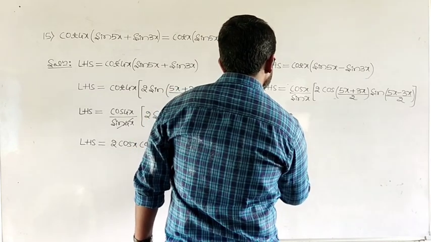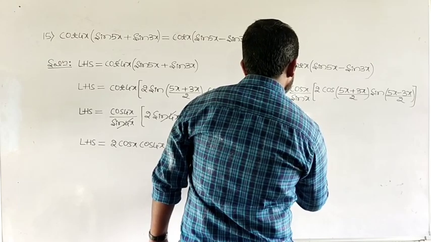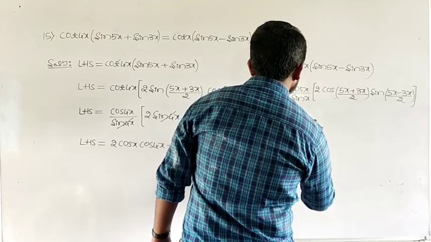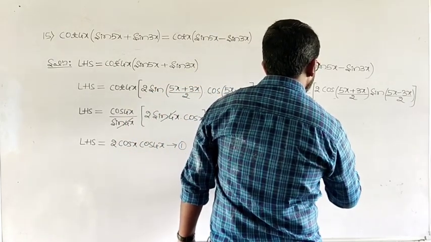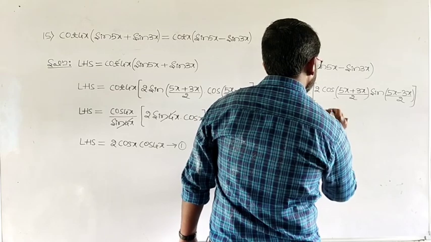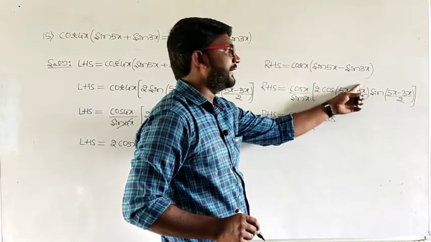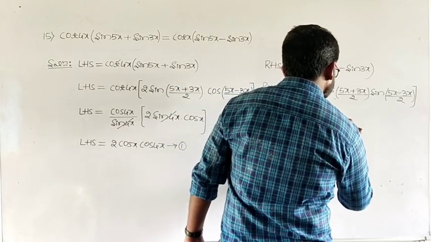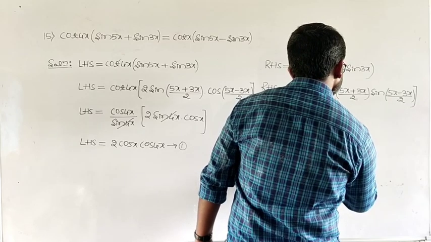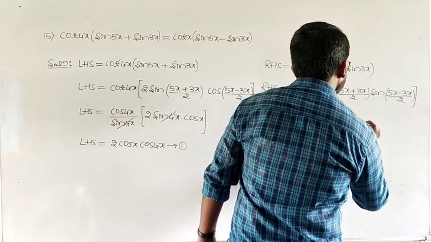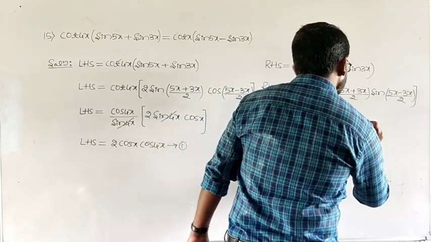Right hand side is equal to cos x divided by sin x into 2 cos of 5x plus 3x, which is 8x, 8x by 2 will be 4x, into sin of 5x minus 3x, which is 2x, 2x by 2 will be x.